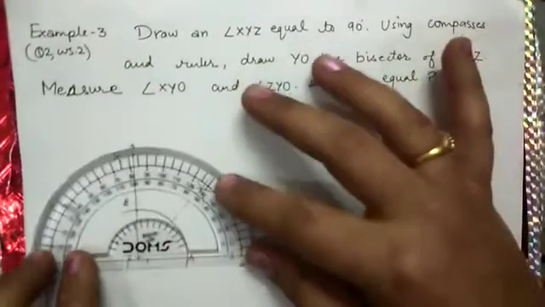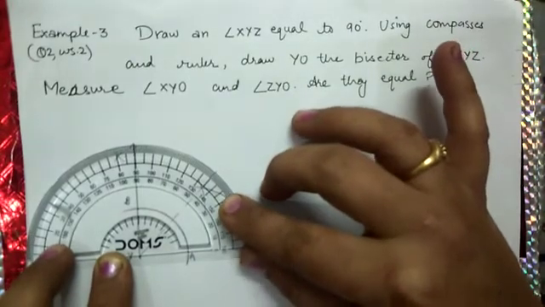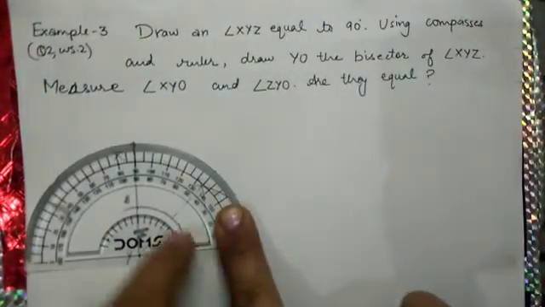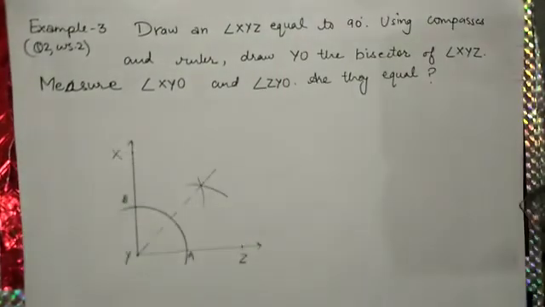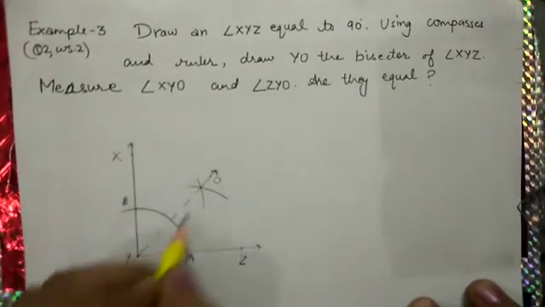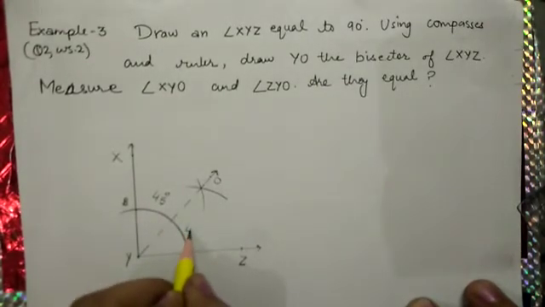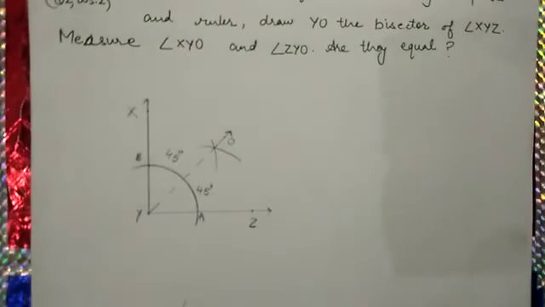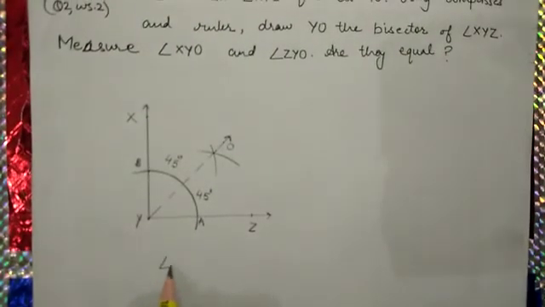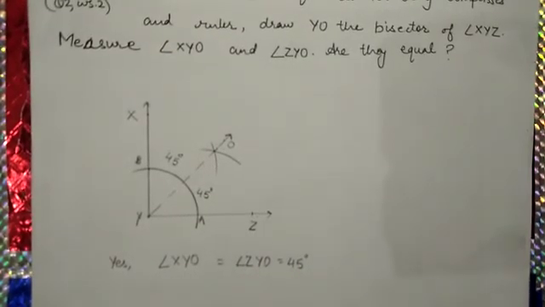Now if we check using a protractor, we are getting the measure of this angle equal to 45 degrees, and the same here, that is, the measure of angle XYO is equal to 45 degrees and ZYO again equal to 45 degrees. The question is, are they equal? So we will write at the end, yes, angle XYO is equal to angle ZYO equals 45 degrees.